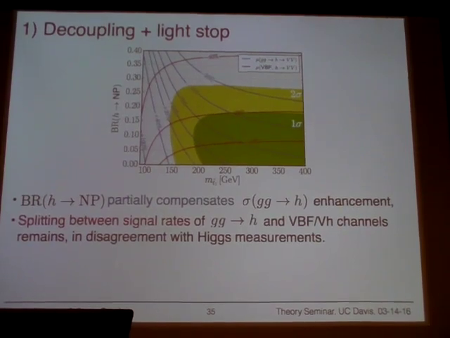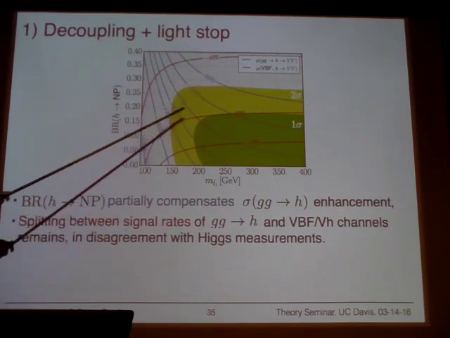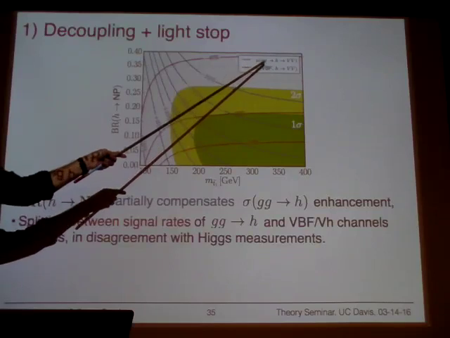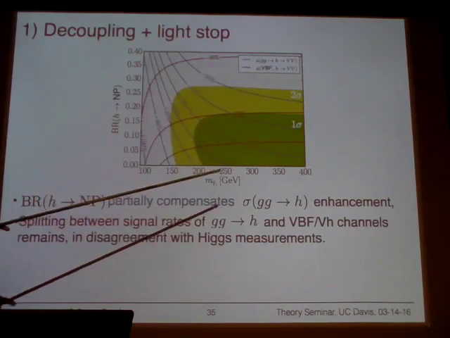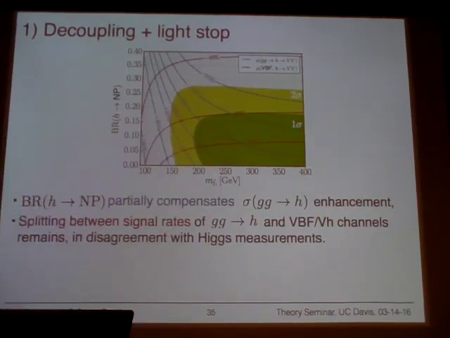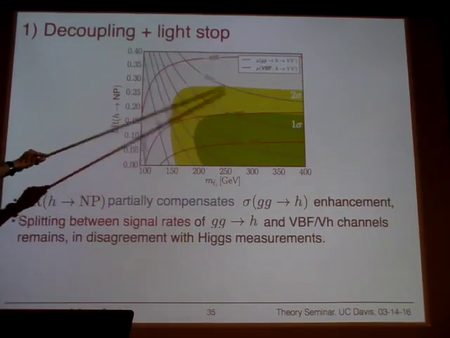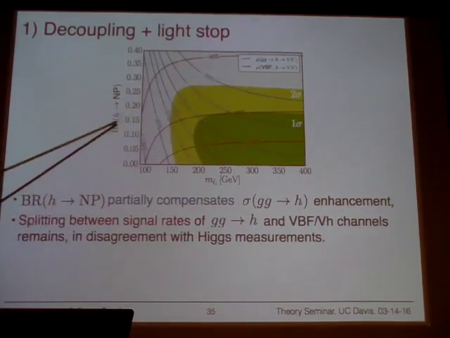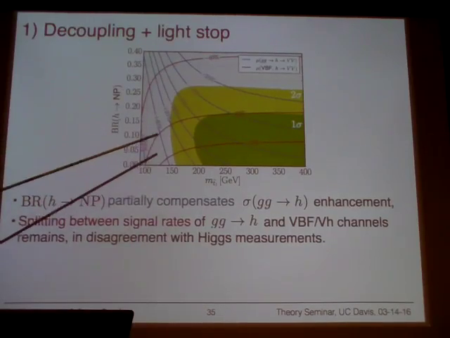And you arrive at this constraint just by the splitting of those signal channels which are initiated by gluon fusion versus those from vector boson fusion or VH production, because those are really not affected by the light stop. Right. This is also seen by these red lines here. If you just increase this branching ratio, you suppress this rate more and more, and eventually the splitting gets too large, so you can derive this constraint from these data.